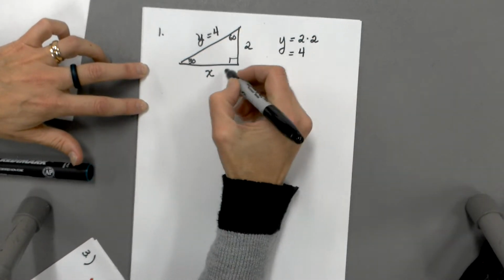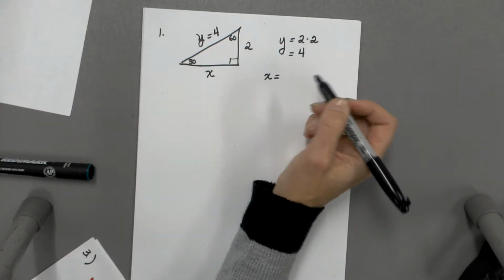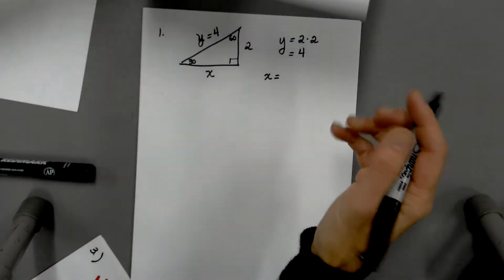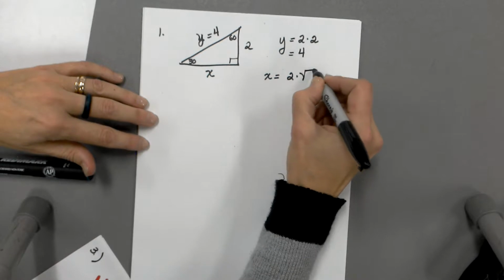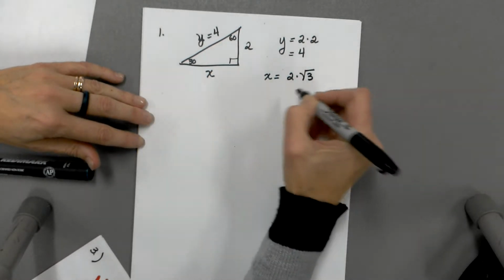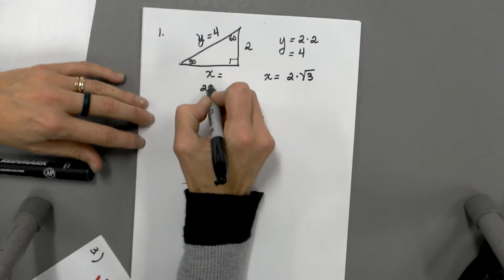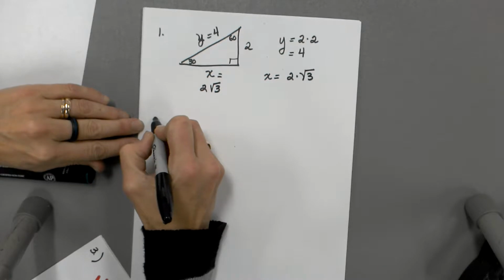To find the long leg, which is x, the long leg is just the square root of 3 times the short leg. So the short leg is 2, and we multiply that times the square root of 3. So our long leg is equal to 2 times the square root of 3. Okay, that was nice and easy.